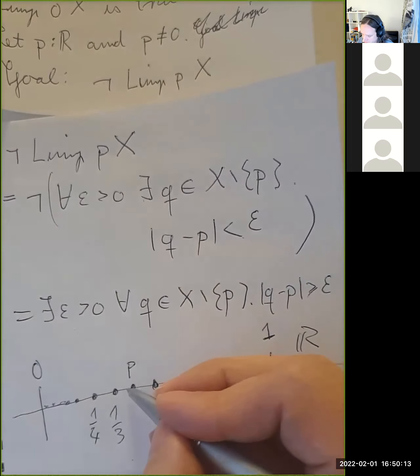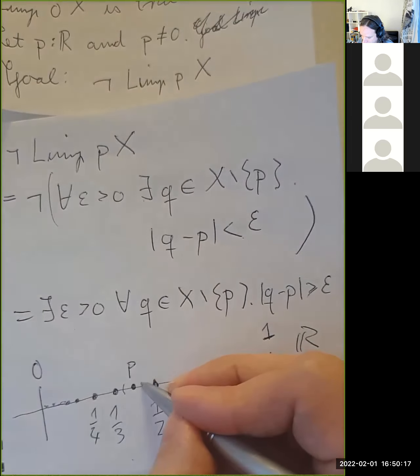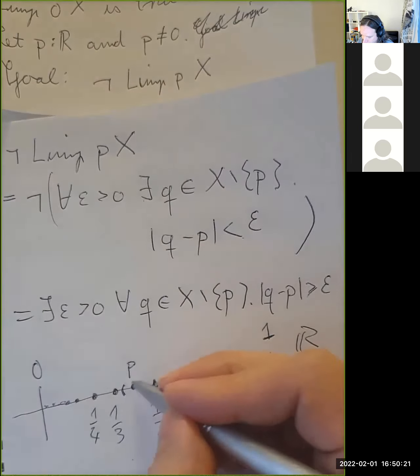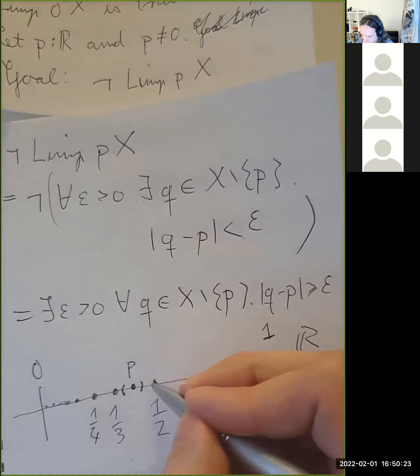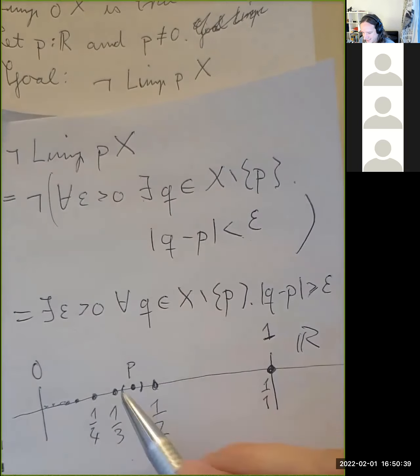Okay, so what I would draw here is we kind of need a neighborhood like this, which includes p, but no other thing from X. And that's something we can always do. So the relevant property of X is that it's discrete. So that's basically saying that we can always do something like this.